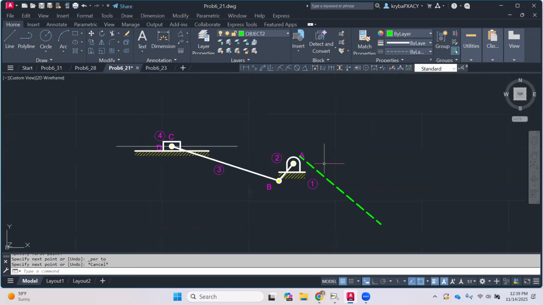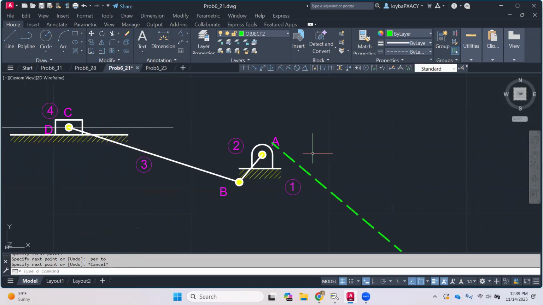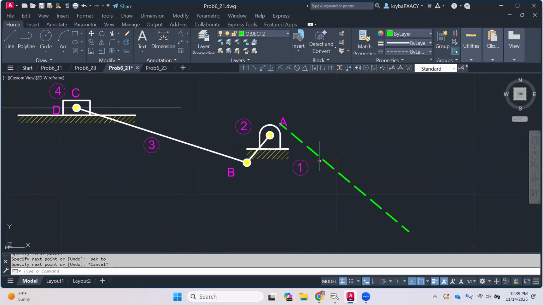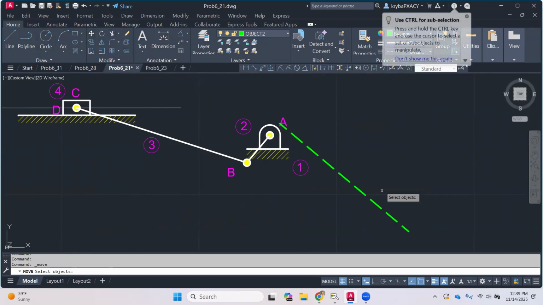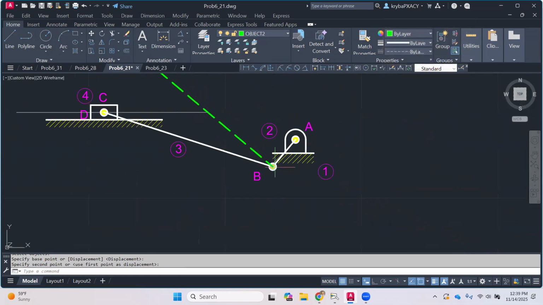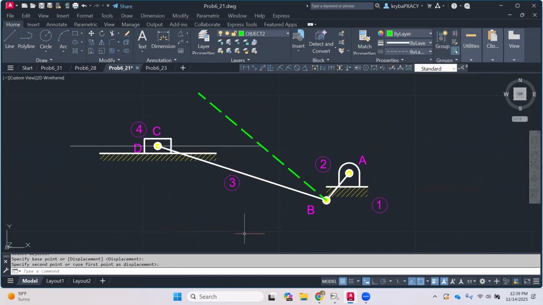It happened to be perpendicular. It's not on the line, but I just wanted it perpendicular to that line. Now I am going to move this line point to point B right here, so that it's right on point B.